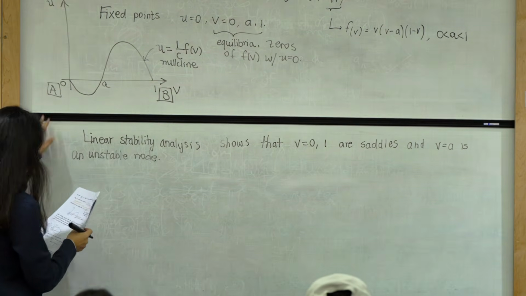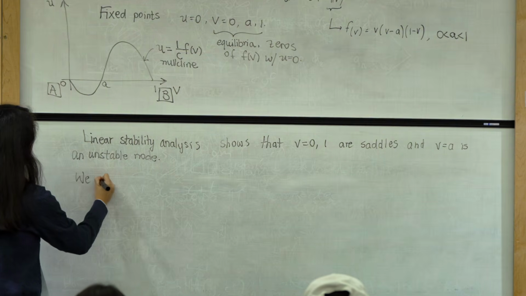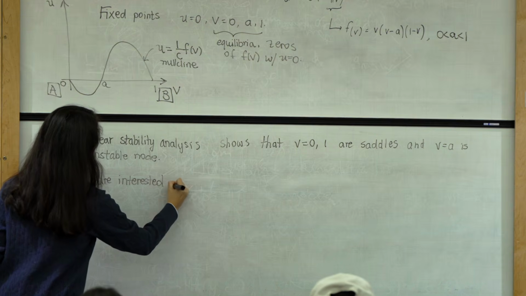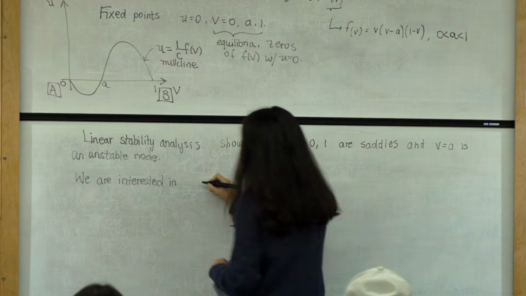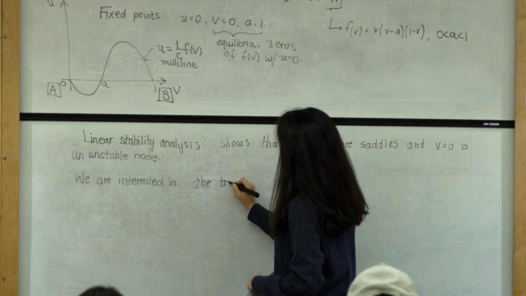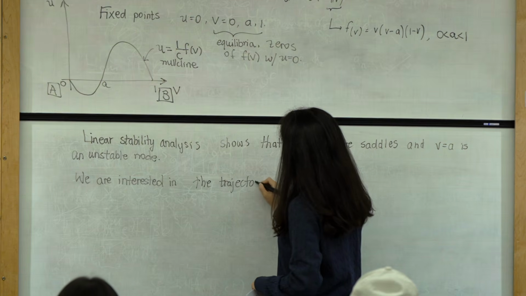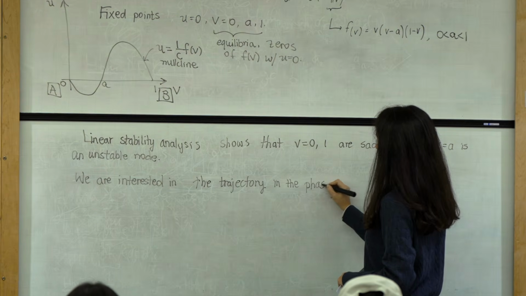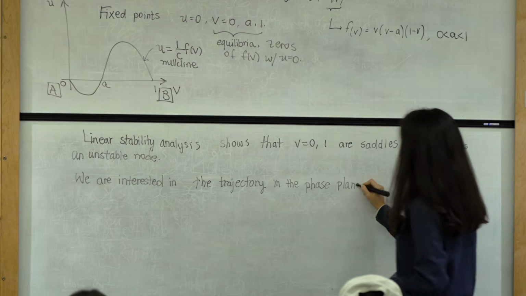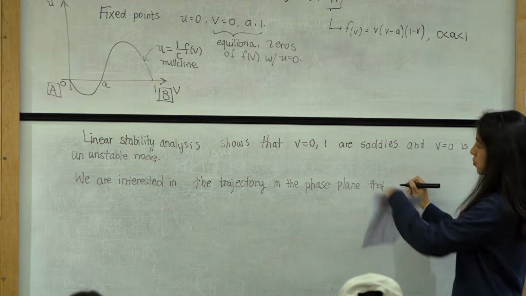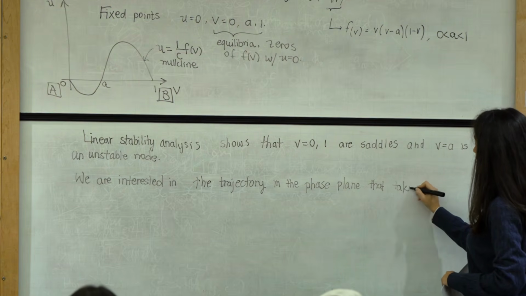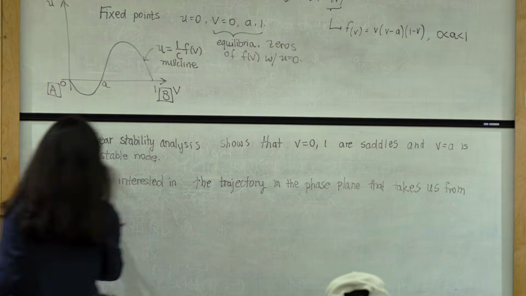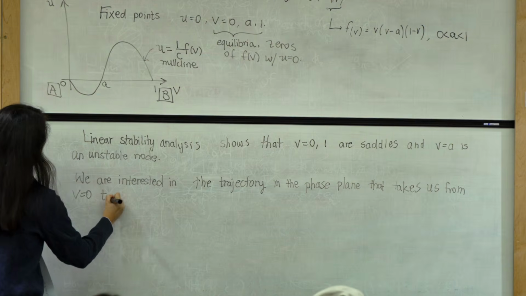Okay, so basically once I have this, what we are interested in is finding the trajectory in the phase plane that takes us from point A to point B. Takes us from v equal to 0 to v equal to 1.